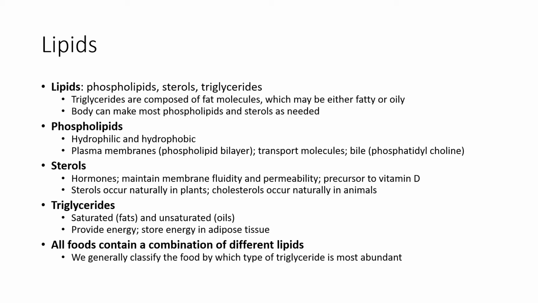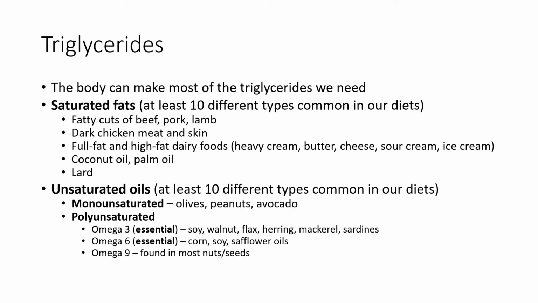And then again, all the foods that we eat contain different combinations of these lipids, and usually contain all of these lipids and different types of triglycerides, but we tend to classify foods based on the type of triglyceride that's most abundant. So let's take a look at different triglycerides. Again, we'll simplify this here and talk about saturated and unsaturated fats.